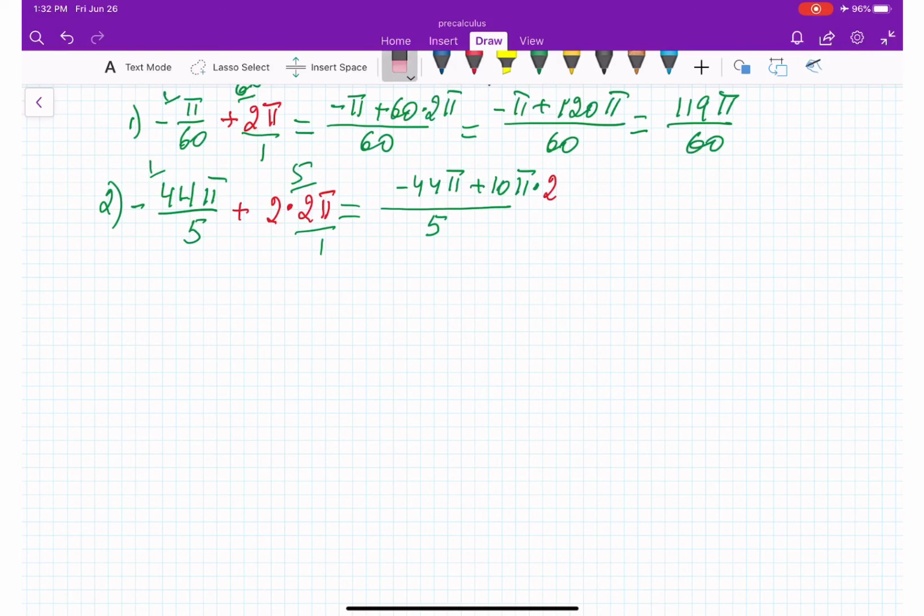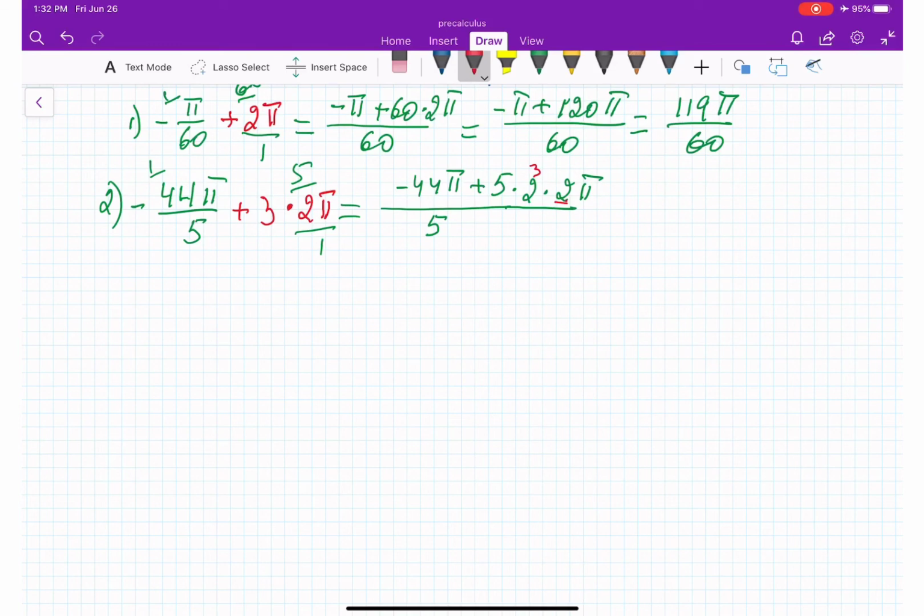Okay, let me write it down like that. So it will be 5 times 2 times 2 pi. Let's see, 5 times 2 is 10, 10 times 2 is 20. Okay, negative 44 plus 20. Again, we are getting a negative number. So we are going back and increasing to 3 times. 3 times 2 is 6, 6 times 5 is 30.